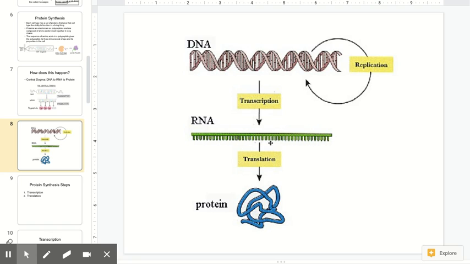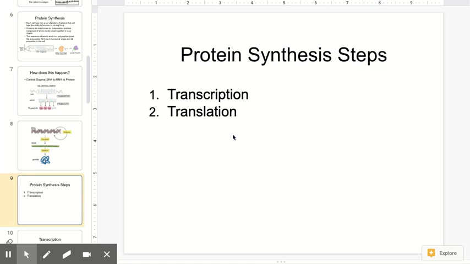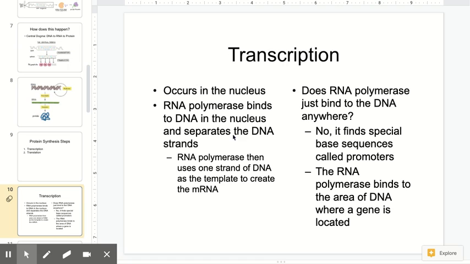And then it is translated, just like one language to another language, into a protein. So the whole time, DNA has the message in it, but the message can't get out without RNA. Again, these two processes are called transcription and then translation. So we're going to start by talking about transcription.